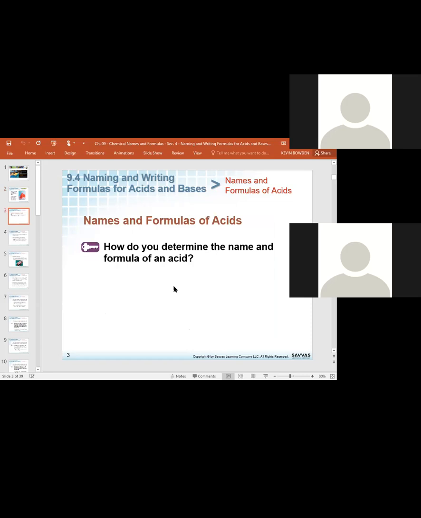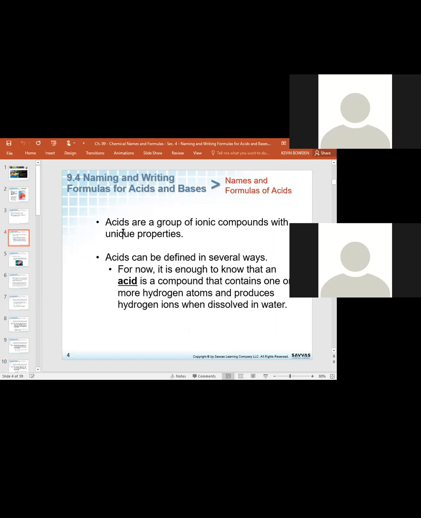All right, so how do you know the name and the formula of an acid? Okay, so just like the previous two sections where you're giving names to things, or you're taking the name and getting the formula, there is a method, and it is a method you can learn. All right, so what are acids? Well, they are ionic compounds, usually.